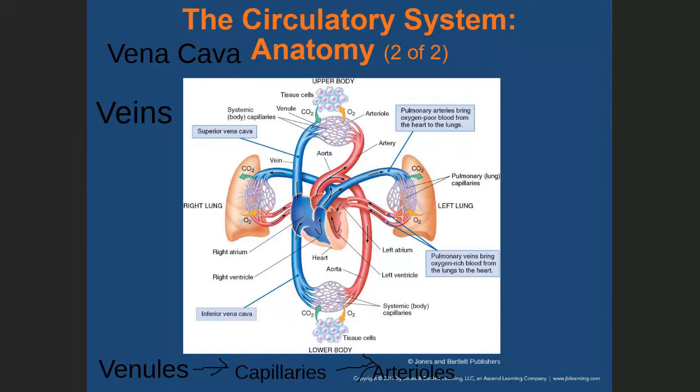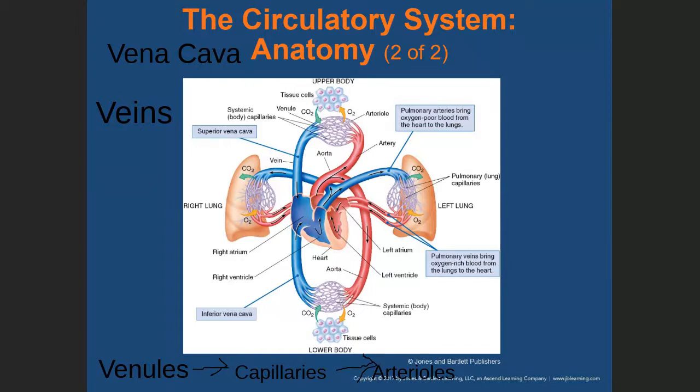The pulmonary veins carry oxygenated blood from the lungs to the left side of the heart, and you have 4 pulmonary veins, 2 coming from the right lung, 2 coming from the left lung, right?